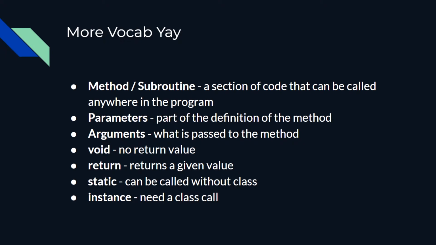So you return, say, 12 or 21, or it's doing some math, and you're returning the result of the math. A static method can be called without a class, and an instance method needs a class instance to be used. So that's some basic vocab, but what really matters is we look at the code. So let's do that now.